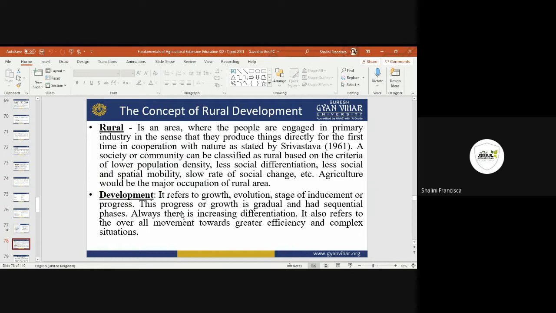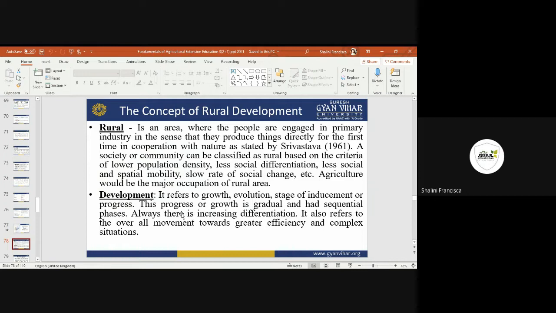A society or community can be classified as rural based on the criteria of low population density, less social differences, less social and spatial mobility, or slow rate of social change, and agriculture would be the major occupation of the rural area.